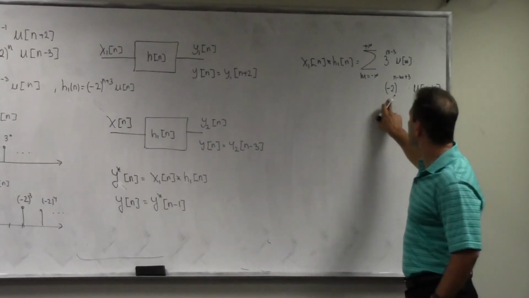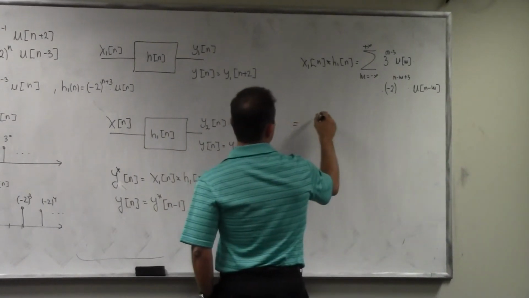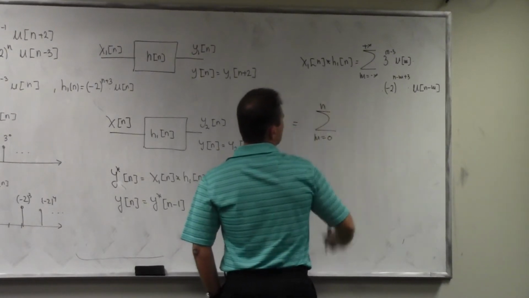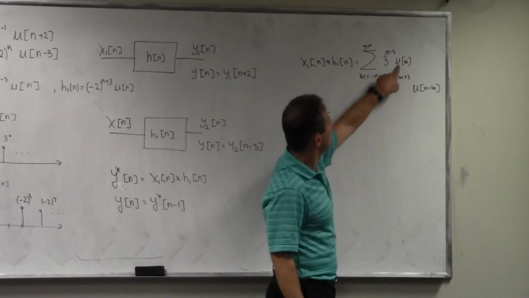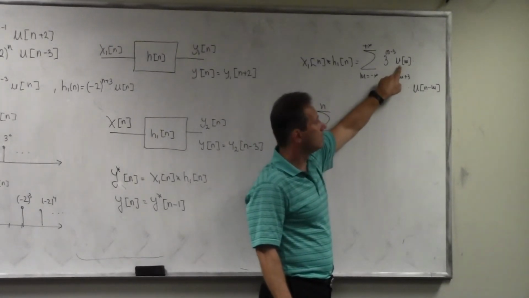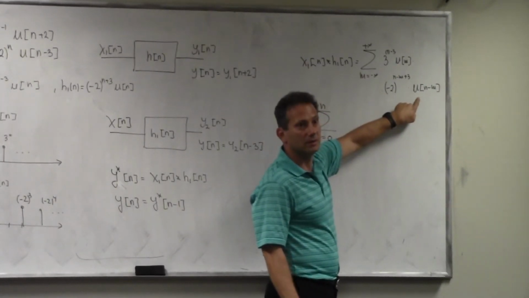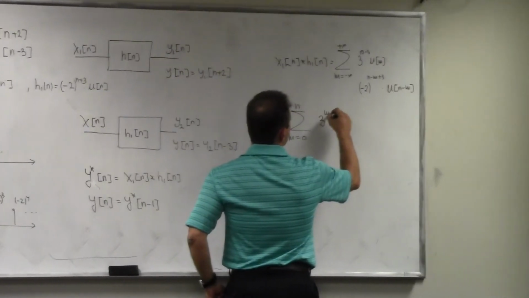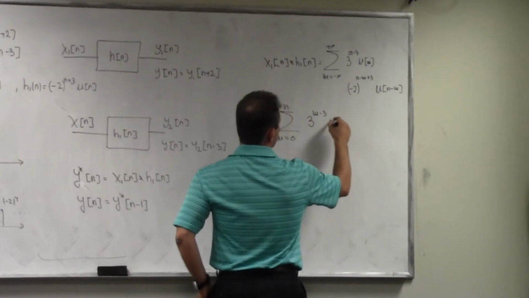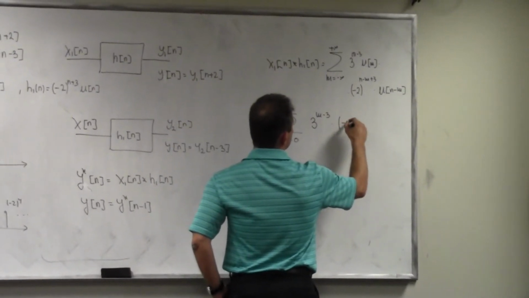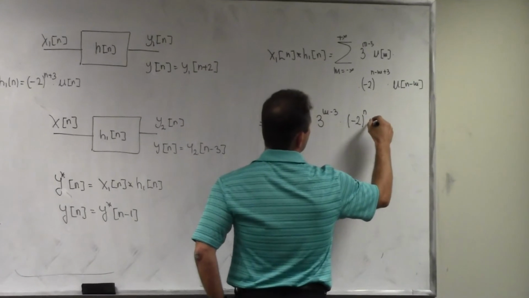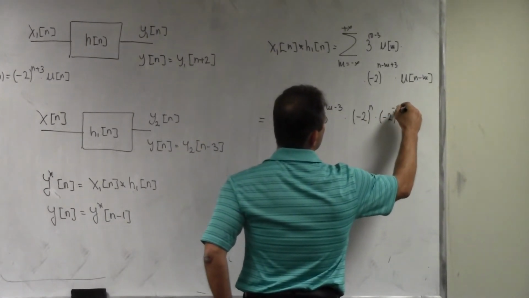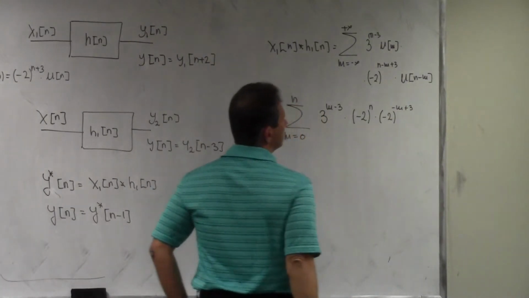Right? And then you just expand this a little bit, so this becomes the sum, m going from 0 to n. Why? Because for 0, this guy kills everything below 0, and this guy kills everything above n. And then you have just 3 to the m minus 3 times minus 2 to the n times minus 2 to the minus m plus 3.